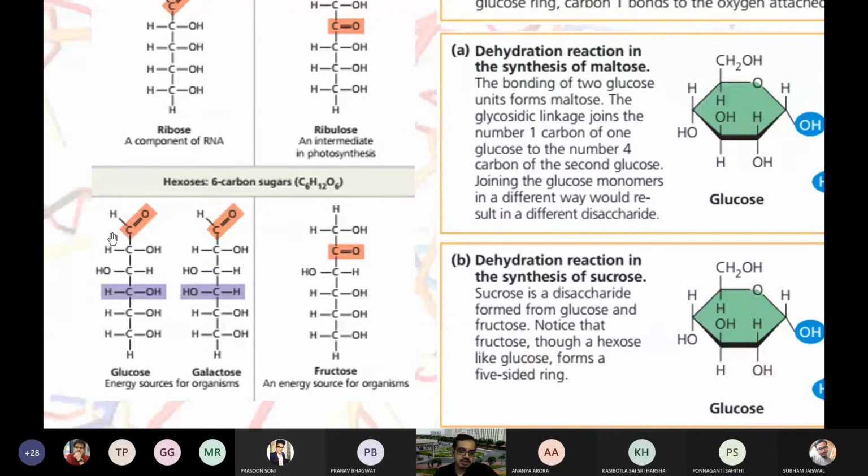So why do we call them carbohydrates? Because these are made up of carbon, and when you burn them, water comes out. So that's why they say carbon and water, carbo-hydrate. That's the most rough form of definition.